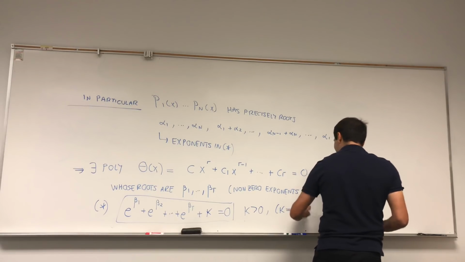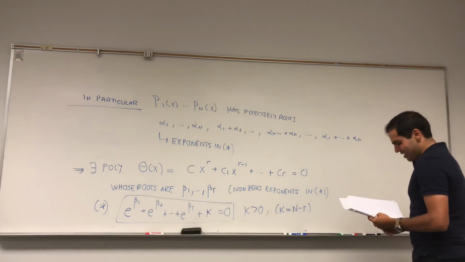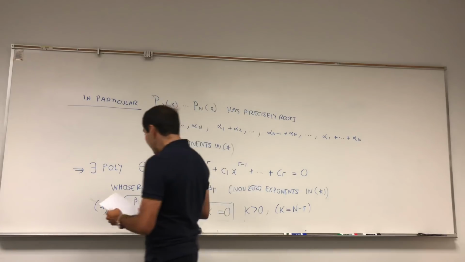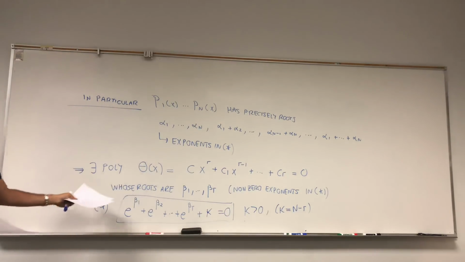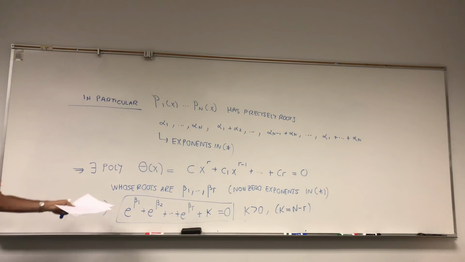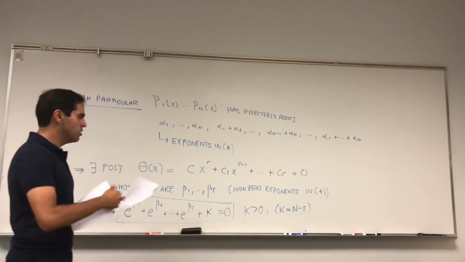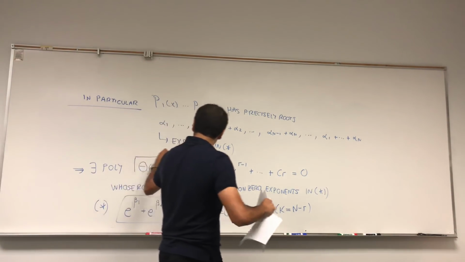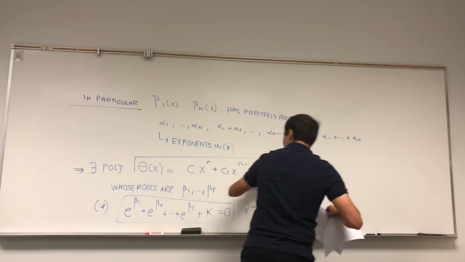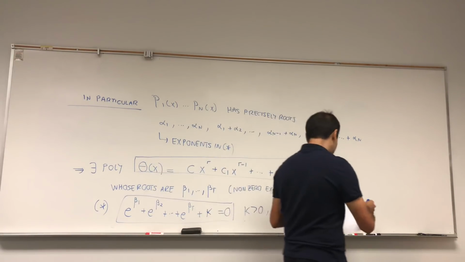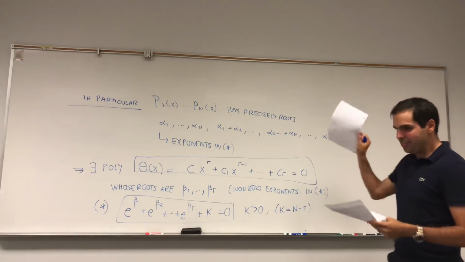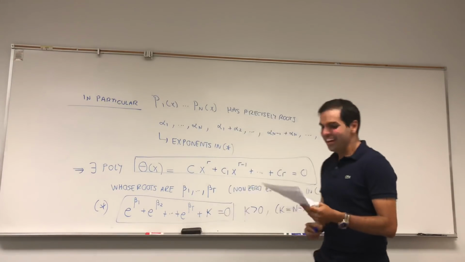Possibly not, but I'm just guessing that. Okay, good. So in other words, we took this star, we rewrote it in this form, and we had this polynomial theta, which will be very useful later on. Okay, good. So one third done.